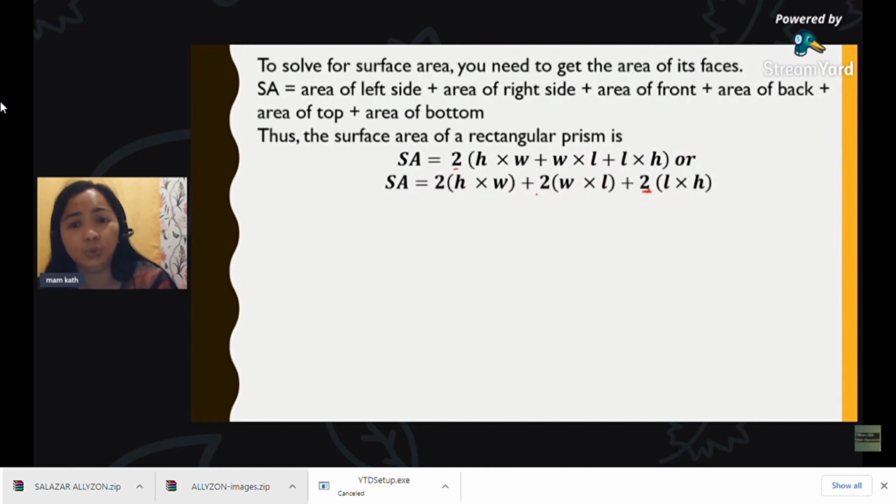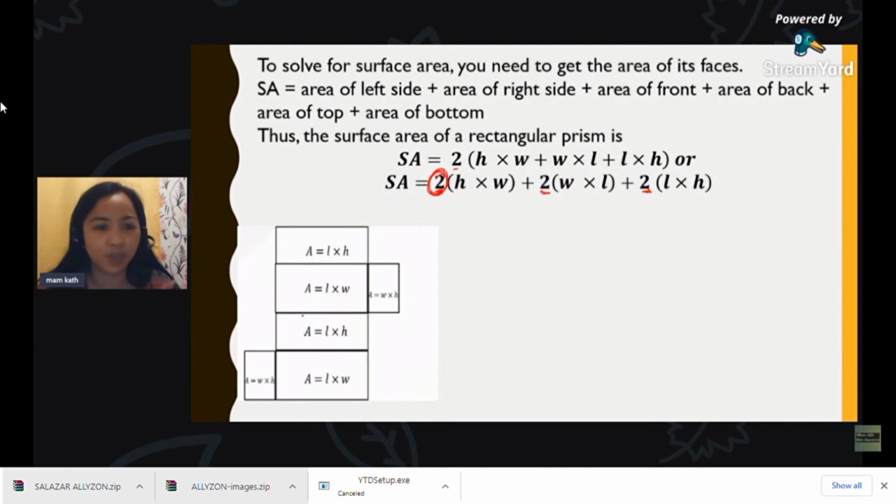So yung 2, hindi siya nababago. Constant siya. Bakit laging may 2 dito? Kasi di ba parehas yung top at bottom? So times 2. Instead na i-add mo ng mahaba, times 2 na lang. And then parehas din yung left and right. At parehas din yung front and back. That is why meron tayong 2 dito.